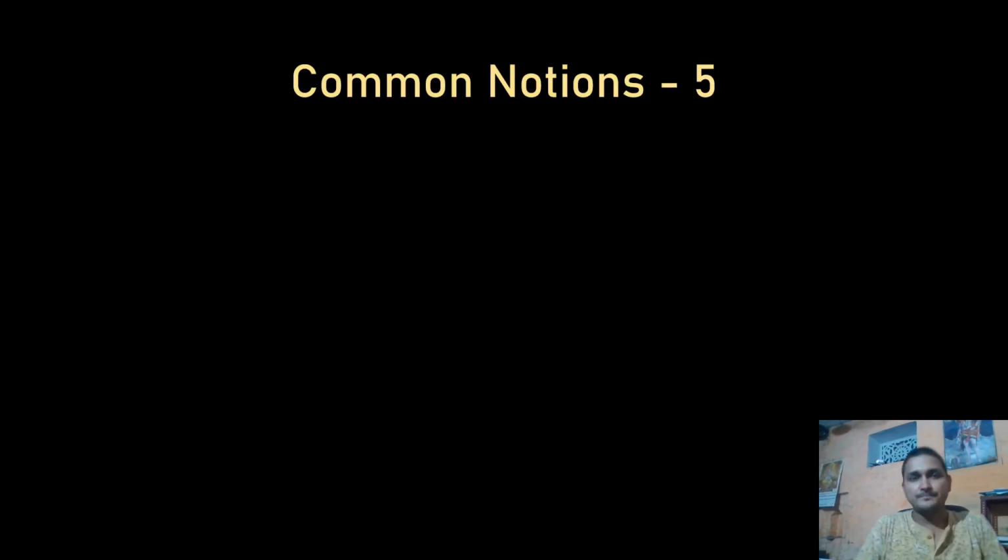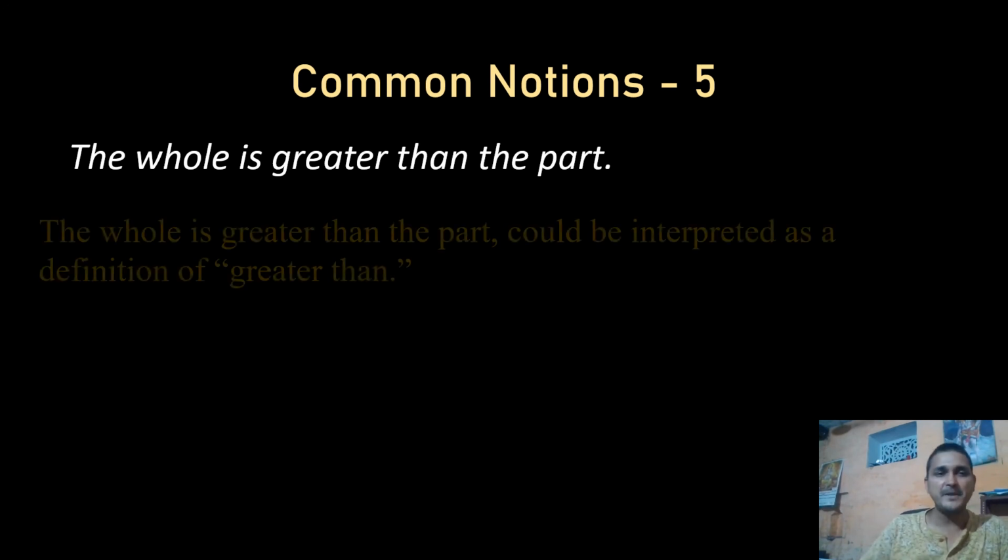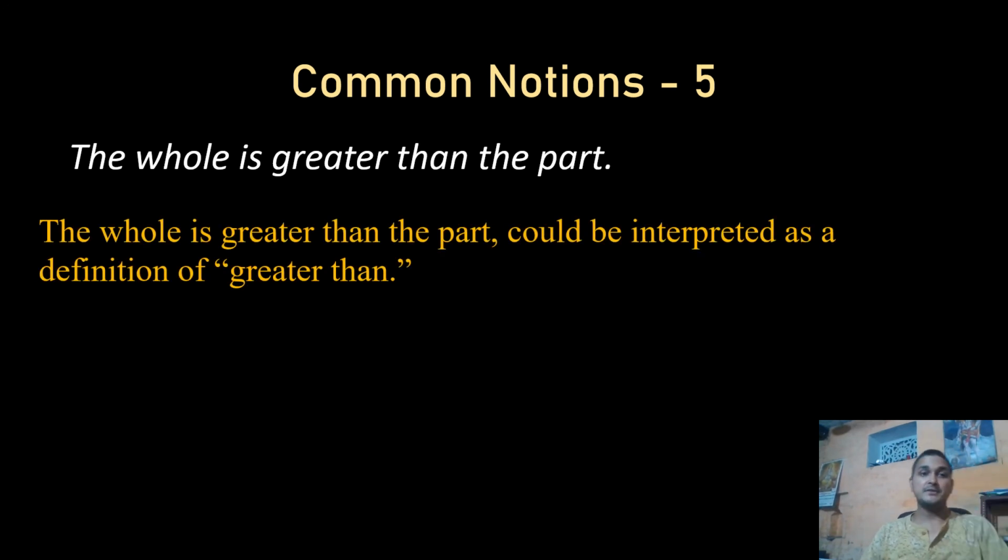So this is the last but not the least, common notion 5. Common notion 5 says the whole is greater than the part. What generally it means is that the whole is greater than its parts, and it can be interpreted as the definition of greater than.